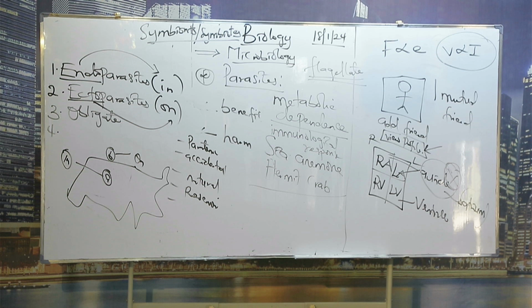So if a mosquito bites you, what it transmits inside you is Plasmodium, and that Plasmodium is what causes malaria. If a mosquito bites a sheep, it will obviously transmit that Plasmodium, but it will not survive in sheep. Plasmodium is an obligate parasite for man, but it is not obligate for sheep. Simply, that's what we mean by obligate. You have to survive in this one and not that one.